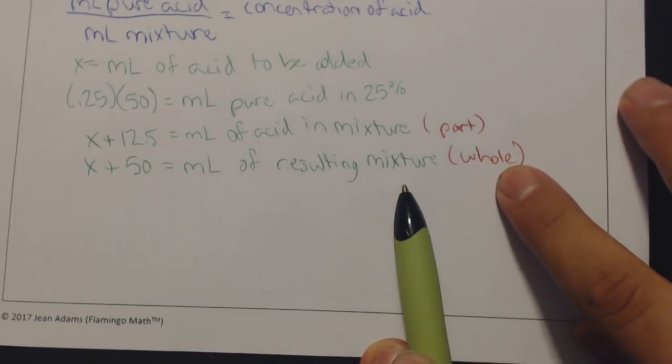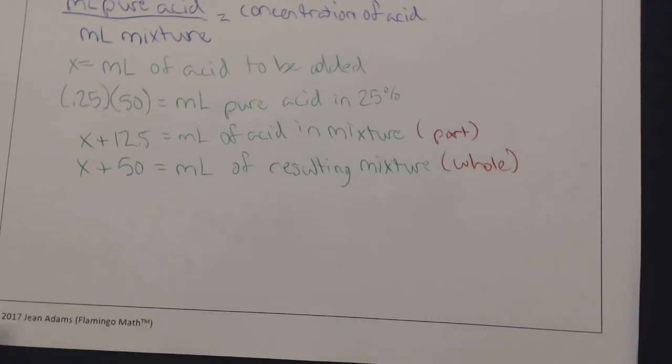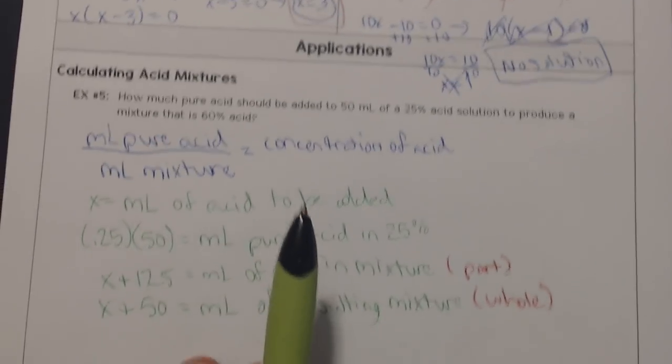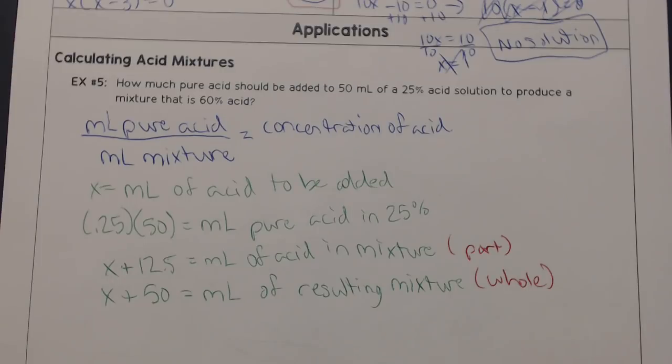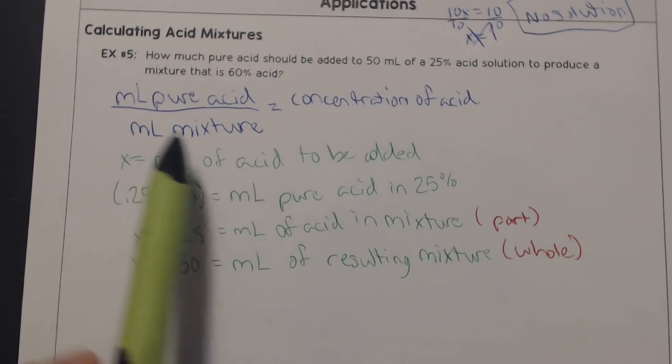So what we can do is, let's read the question one more time. It's asking us, how much pure acid should be added to 50 milliliters of 25% acid solution to produce a mixture that is 60% acid? So we only want 60% acid. Well, let's plug in what we have.